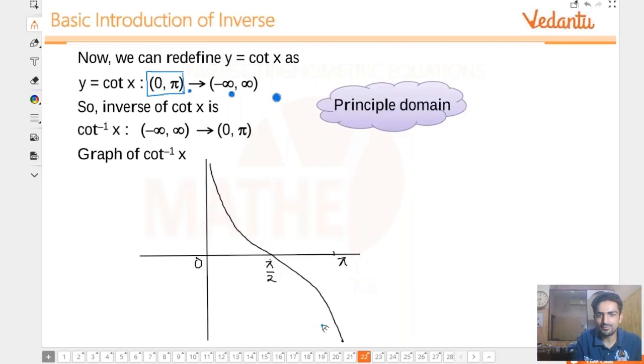And that is how the graph of cot looks like. Graph of cot should be there in your mind. It is easy. And cot inverse will be minus infinity to 0 to pi.